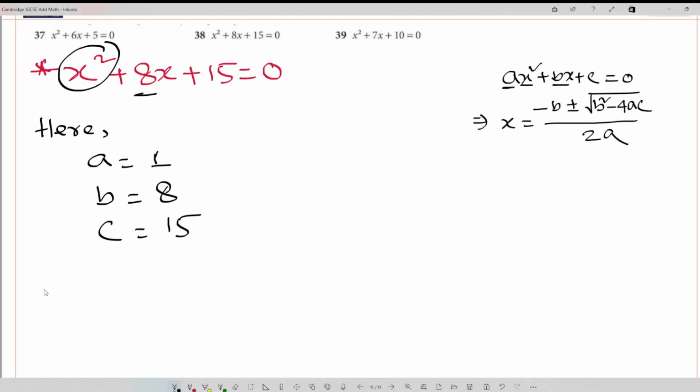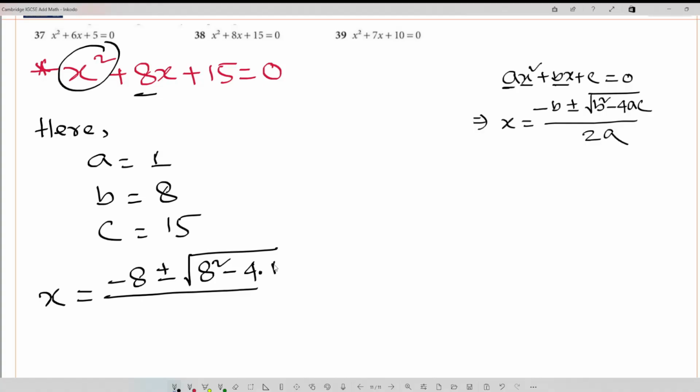So x equals minus b means minus 8, then plus or minus root b square, it means 8 square minus 4ac, it means 4 times a means 1 and c means 15, right? Divided by 2a, 2 times 1.